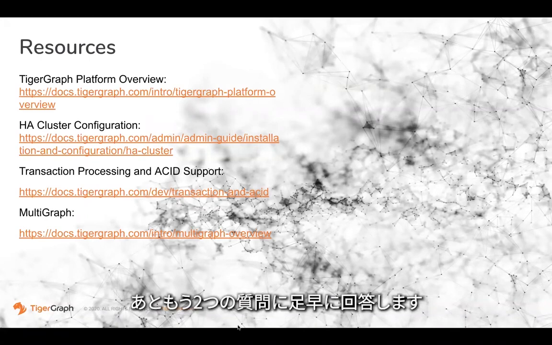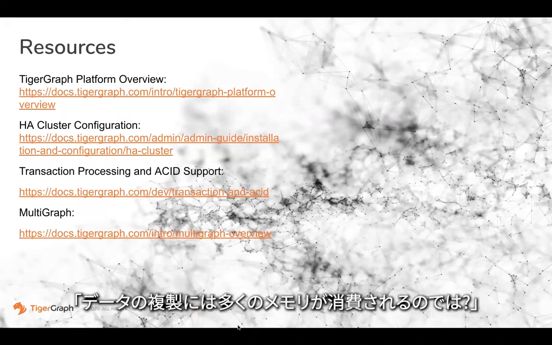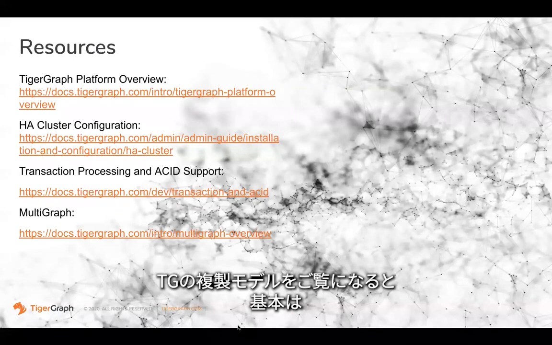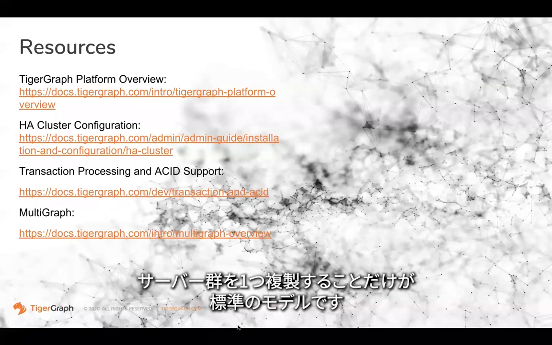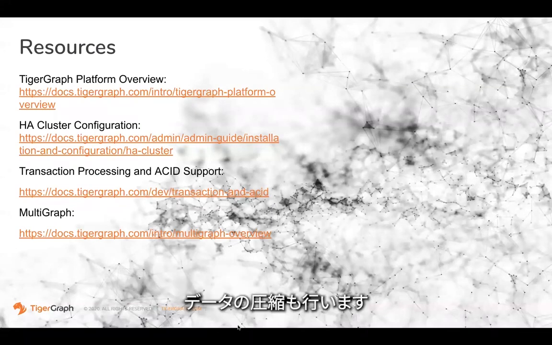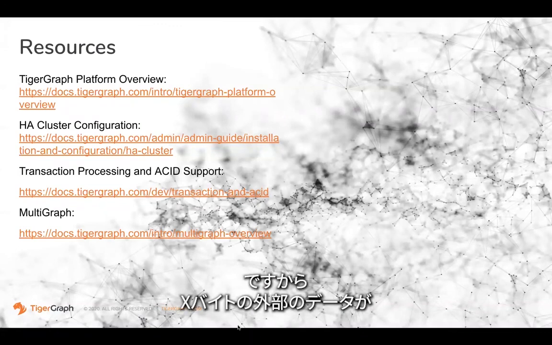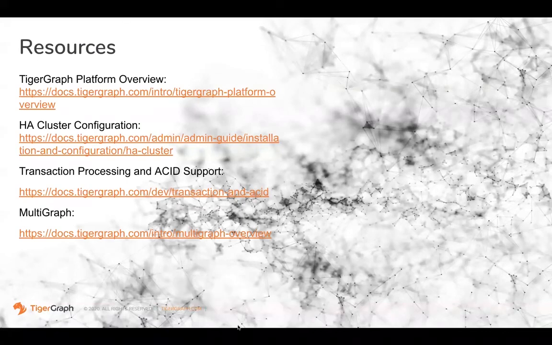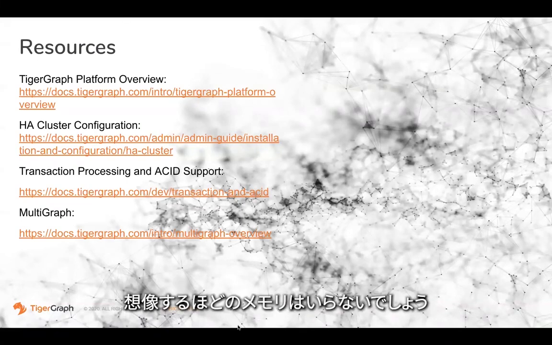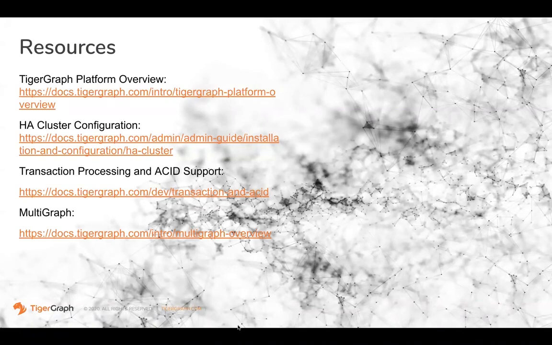I'm going to hand out two more very quickly. Replicating data eats up a lot of memory. If you look at our replication model, it's based on setting up another copy of the servers, and that's just the standard model. We have data compression, so if you have X number of bytes of data externally, when it's loaded onto TigerGraph, chances are it is only half the size. So it may not be as much memory as you think.